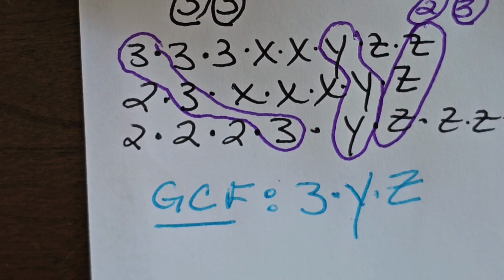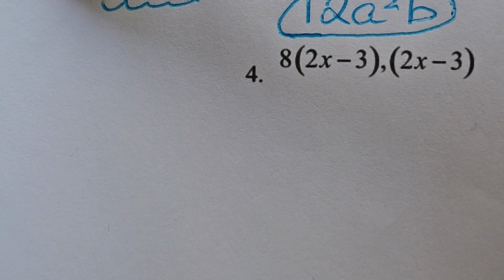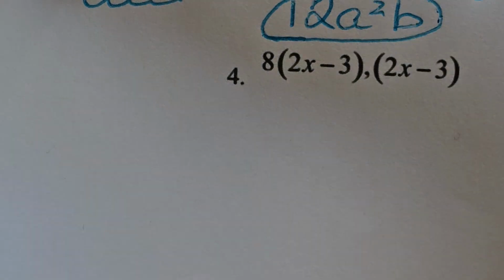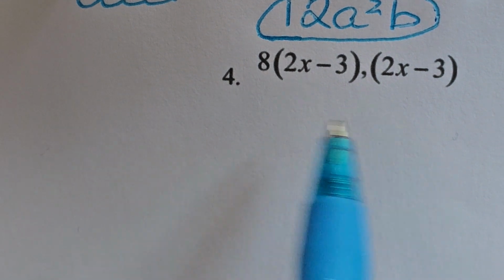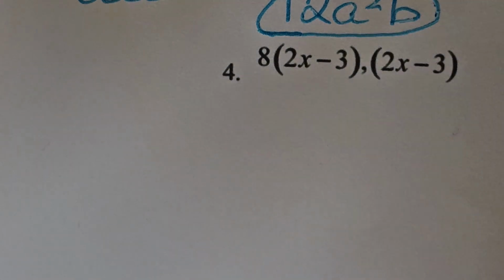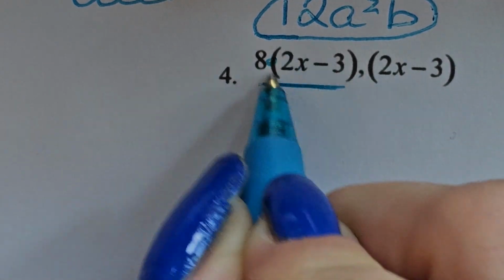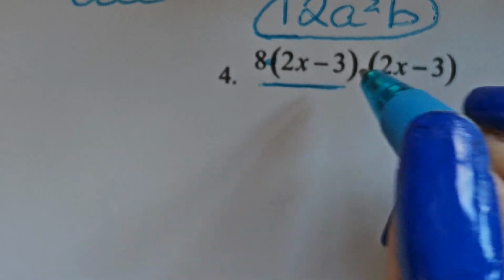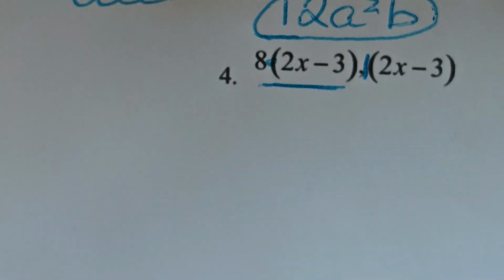Okay? All right. Now, last but not least, this is the polynomial that is a binomial now, okay? So this is the first time we're working with a binomial. So this is one factor, 8 times the quantity, and this is the second factor, 1 times the quantity, okay?